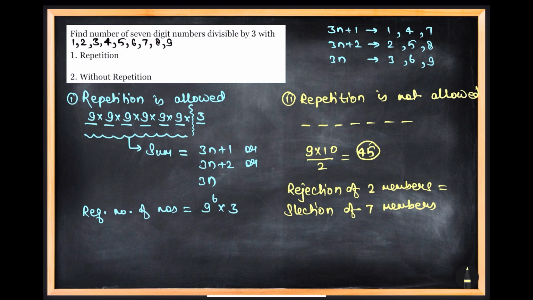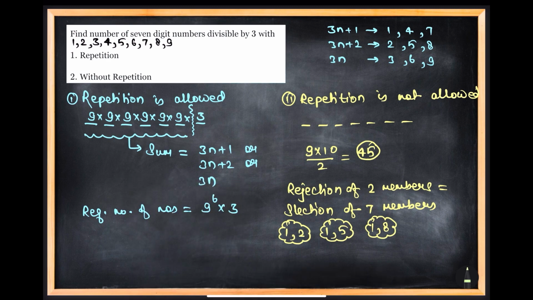You cannot remove 2 numbers from the same group. If you wish to remove one number from here, you have to remove one number from there, correct? Suppose you wish to remove 1, so with 1 you can remove 2, with 1 you can remove 5, with 1 you can remove 8, correct? Now think about 4.